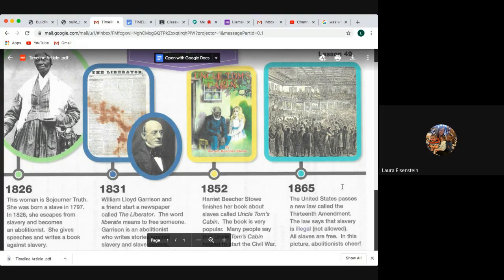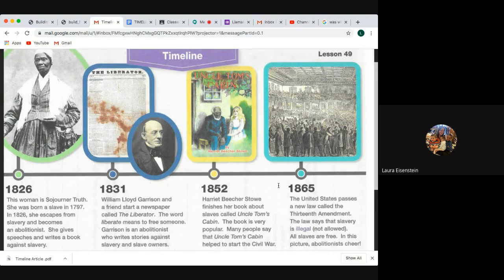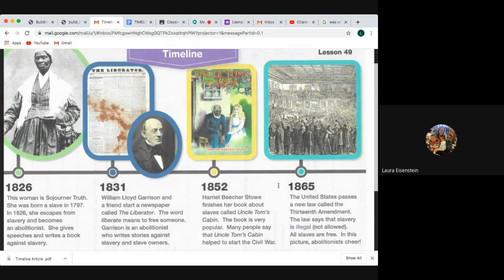Then we go all the way from 1852 to 1865, and we look at this picture here. It says in 1865, the United States passes a new law called the 13th Amendment. The law says that slavery is illegal. So slavery is now illegal. That means not allowed. All slaves are free.